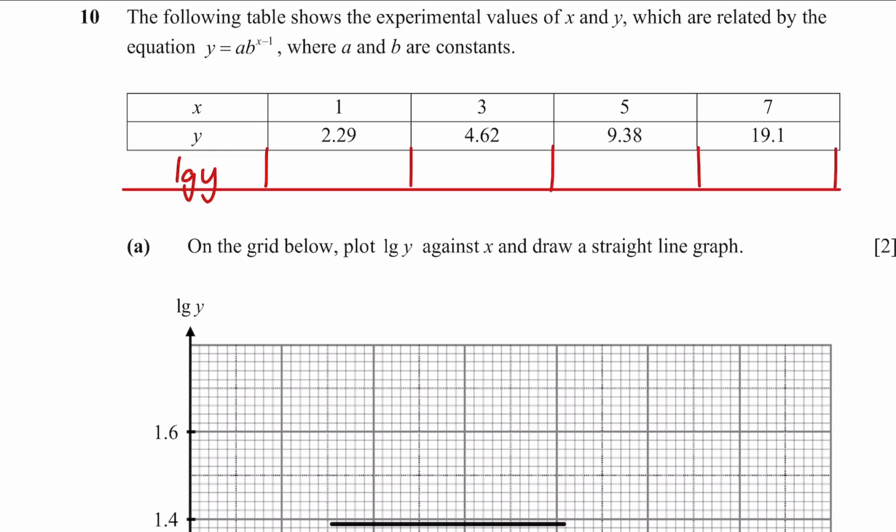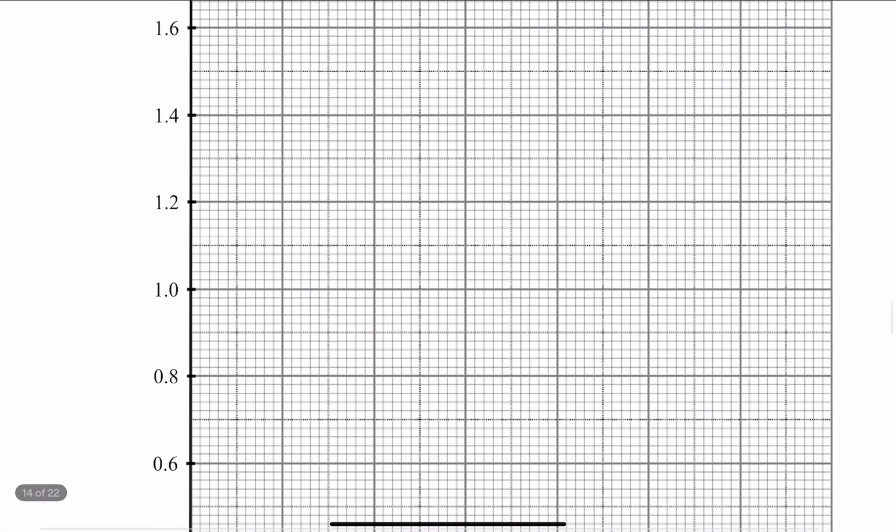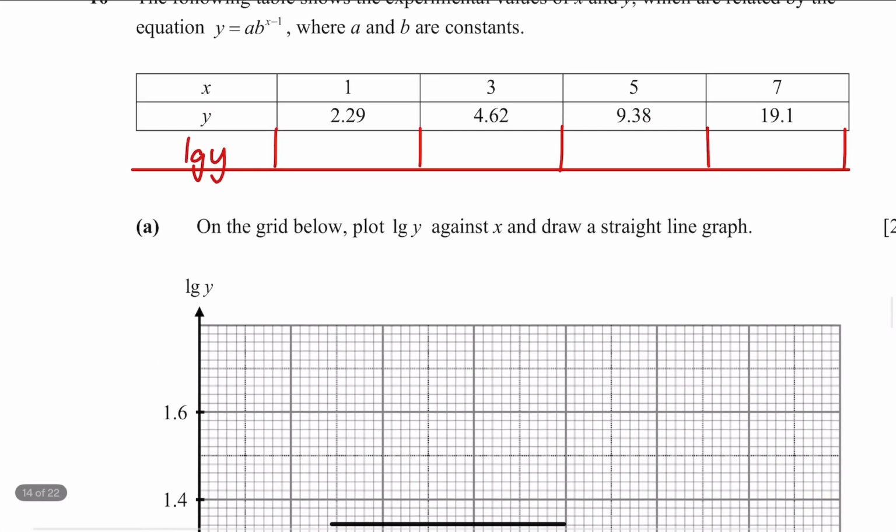I want to find log y. So first one, log 2.29. Let me calculate this. I will get 0.35984. Good to write this as 5SF. More accurate the better.